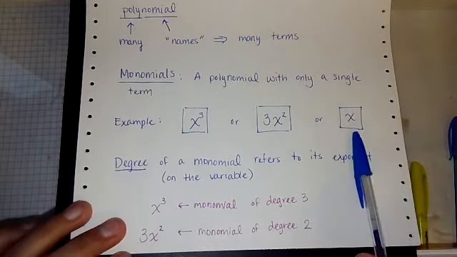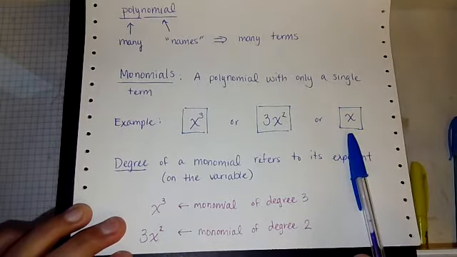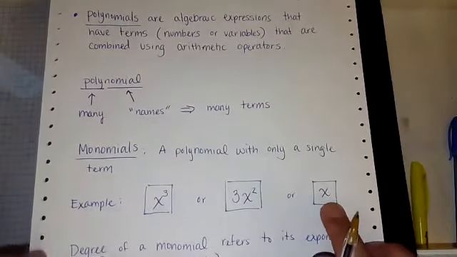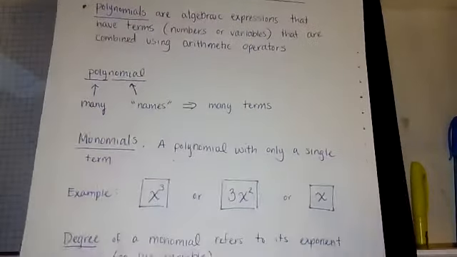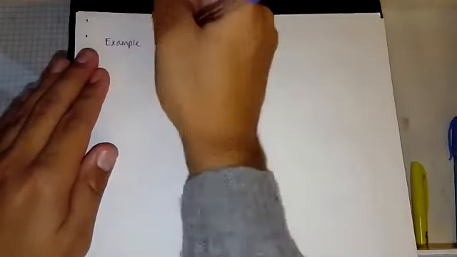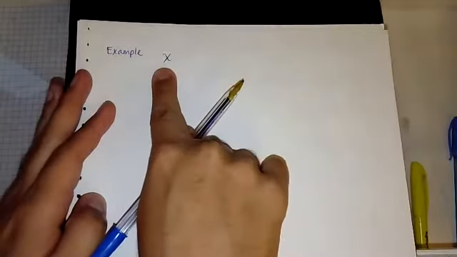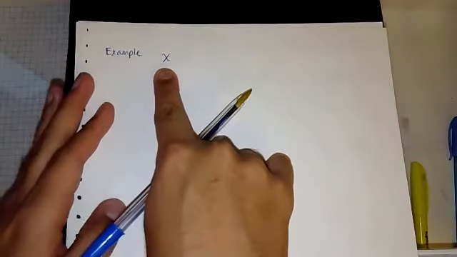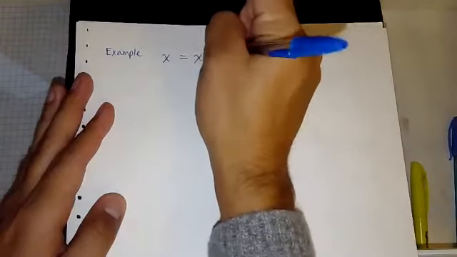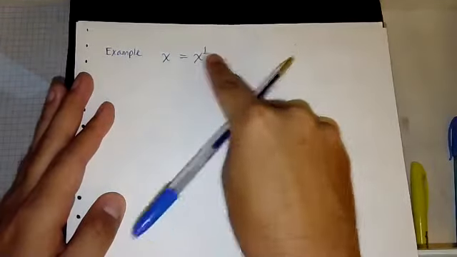But what about this guy here? So this example doesn't seem to have an exponent, but you have to remember that in the example x, just this term, that when we learned about exponents the other day, we said that x to the first power is just x.